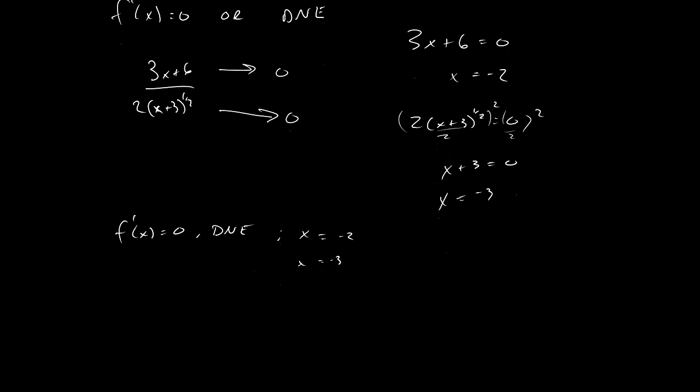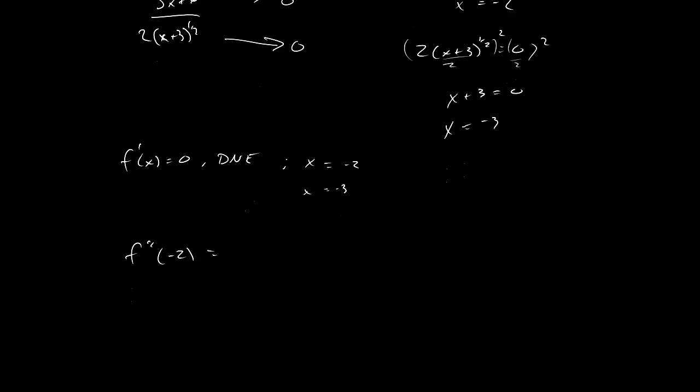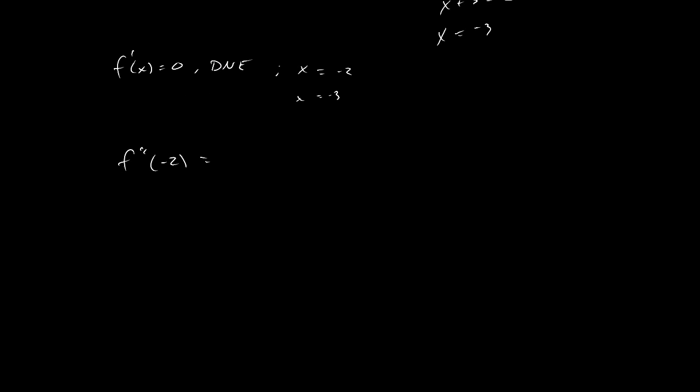So now we take that and plug it into our second derivative. So f double prime of negative 2, and this is going to tell us our maximums and minimums. So what is f double prime of negative 2? Well, that is (negative 3 times negative 2 minus 15) all over (negative 2 plus 3)^(1/2) times (negative 8 plus 12).